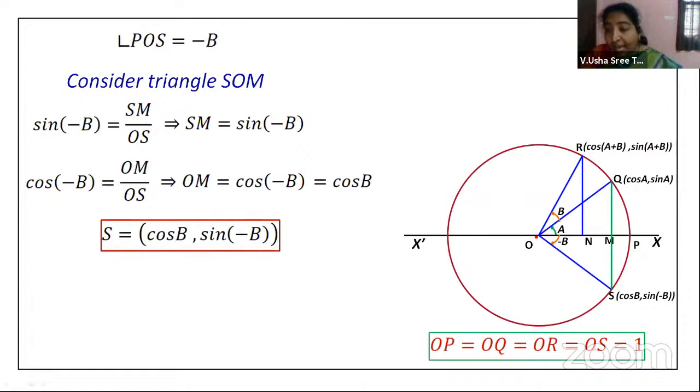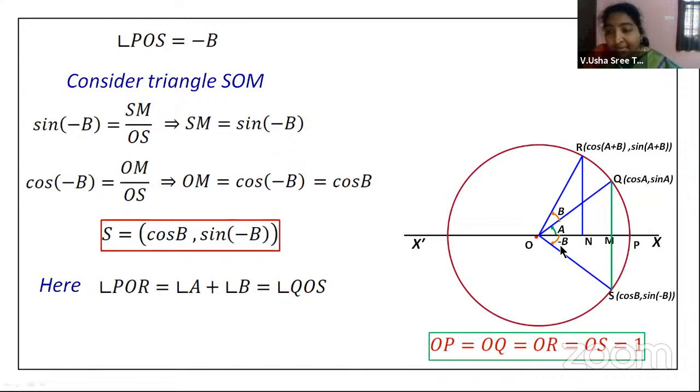Now children, angle POR, from here to here, this angle, right? It is a sum of angle A and B, right? And when you take angle QOS, that is a sum of A and B only.